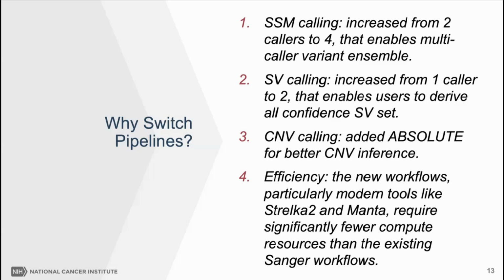I think this enables users to choose how they want to use the data. If you are looking for high confidence calls, you can focus on an intersection of the two pipelines. And if you want to maximize the sensitivity with some sacrifice of the accuracy, you may want to look at their unions. So different users can decide what they want to do with them.